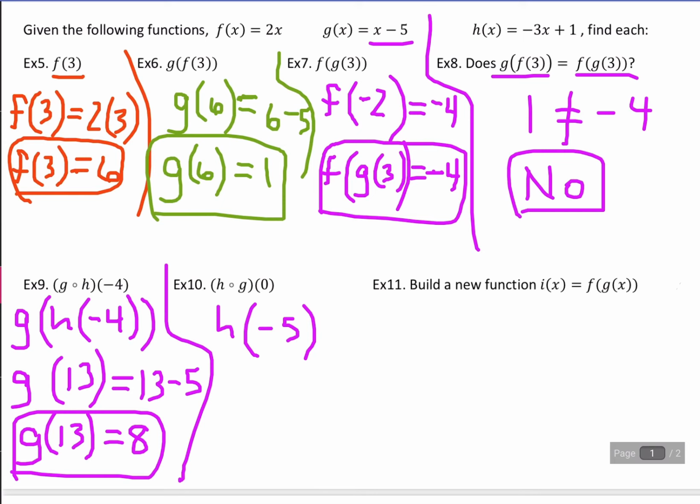We've got to multiply by negative 3. Negative 5 times negative 3 is 15. 15 plus 1, 16. So h composed with g of 0 is 16.